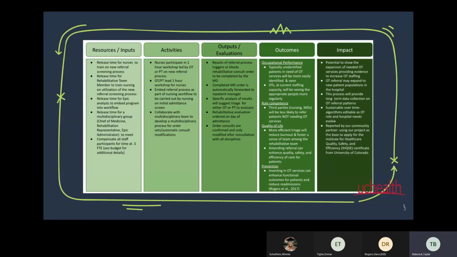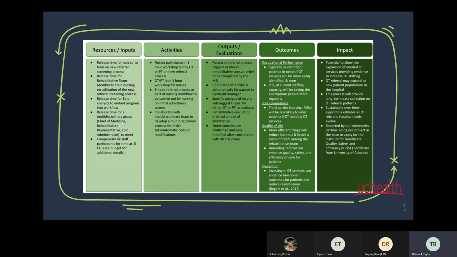On this slide is our logic model, and we're going to go into the last two columns, outcomes and impacts, later on. I'm going to focus on the first couple here by noting that throughout our process, as Emma just touched on with the needs, we really put our focus on the referral process.